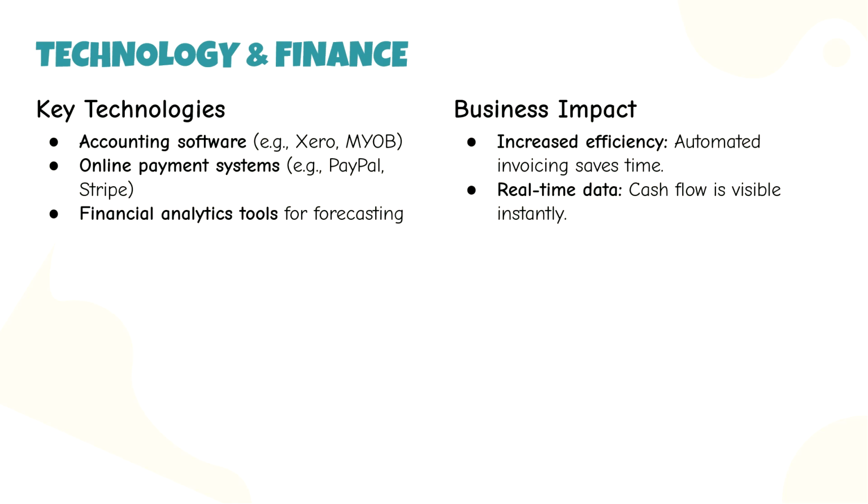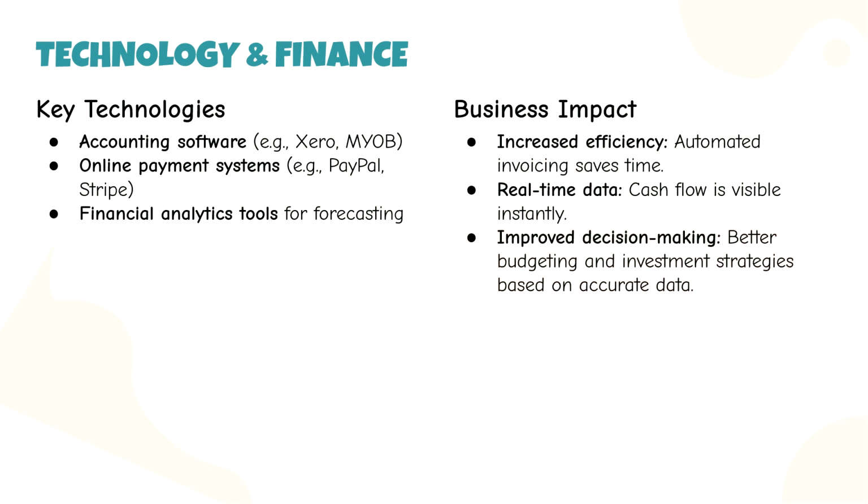There is real-time data where cash flow is visible through these systems instantly and the business can access it, as well as to help improve decision making. So by having automated invoicing, increasing efficiency, and being able to access real-time data, there is better budgeting and investment strategies that the business can do.